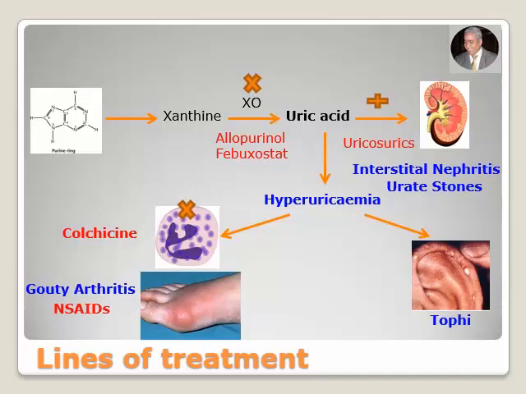NSAIDs are nonsteroidal anti-inflammatory drugs. In birds, the uric acid can be converted into allantoin by the uricase enzyme. Pegloticase is a recombinant uricase enzyme.